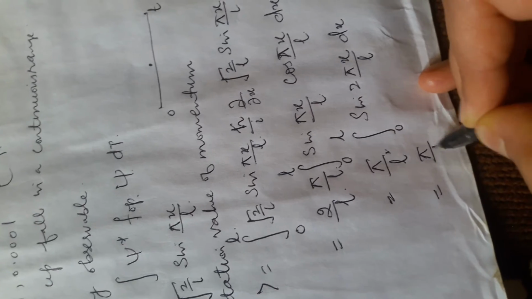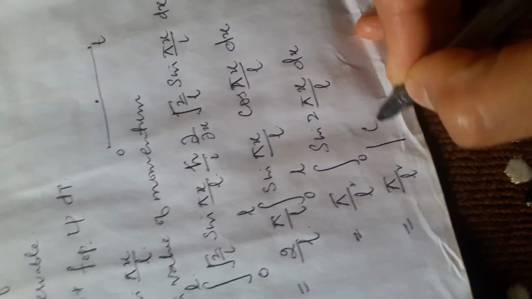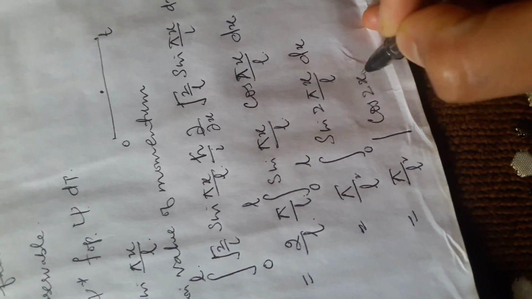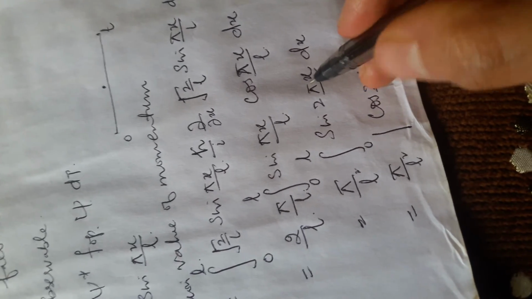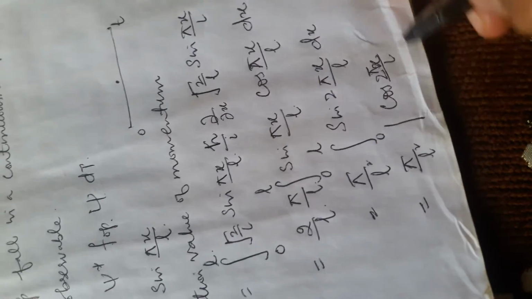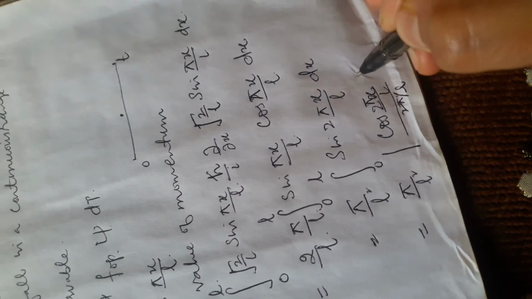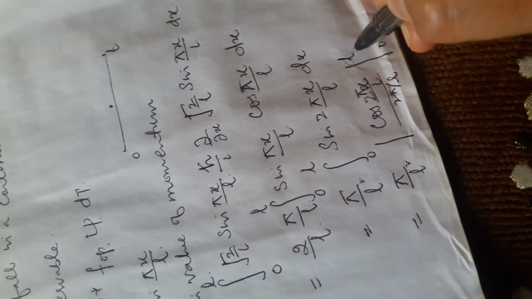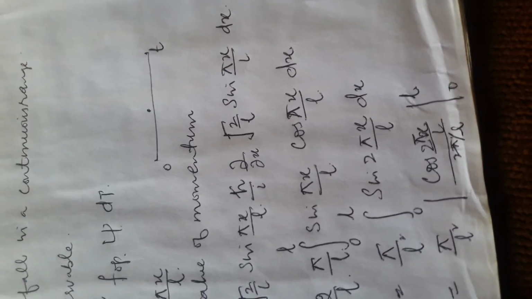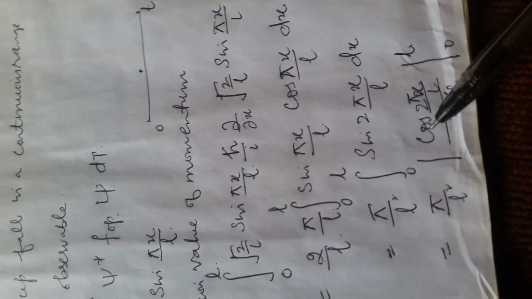Now we again understand that this is equal to pi by L squared. Integration of sine is minus cos, so cos of 2 pi x by L, and then the coefficient of x, 2 pi by L, will come in the division, and the limits are from 0 to L. Now you understand that when we put x equal to L, we get cos of 2 pi.